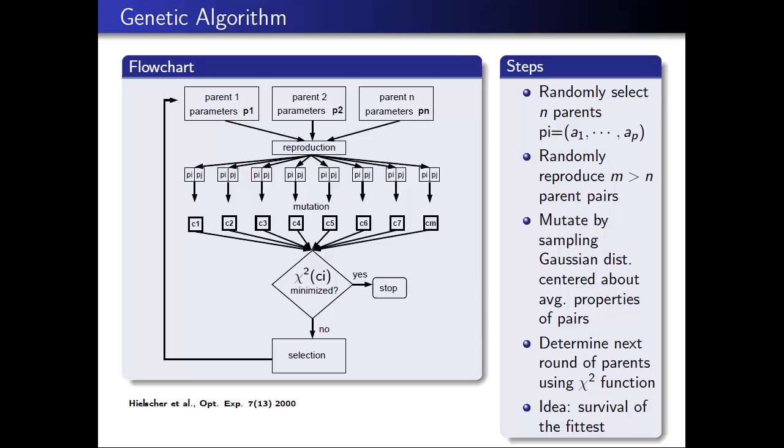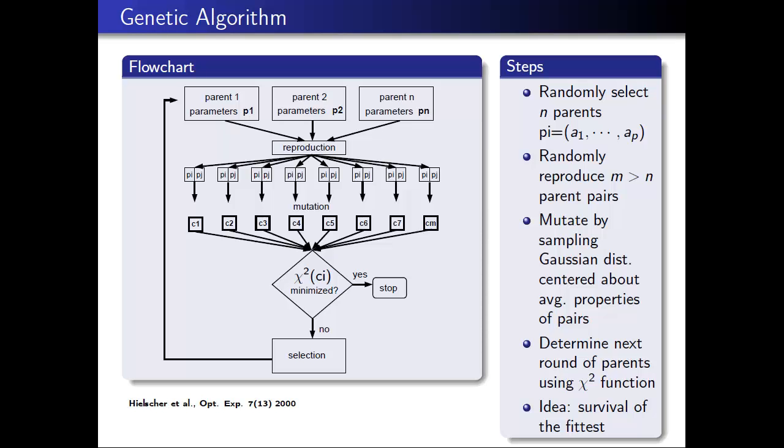Then you take the average optical properties of each parent pair and a Gaussian distribution about that mean, and you select children. They call this mutation. From that, you evaluate your chi-squared value of these children, and you select the ones with the best chi-squared value, and you start another generation.